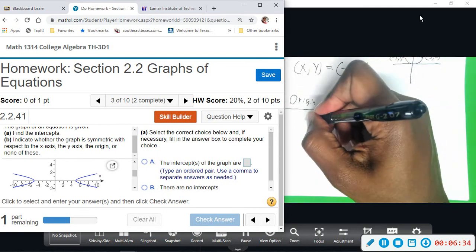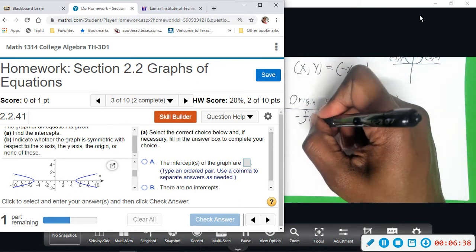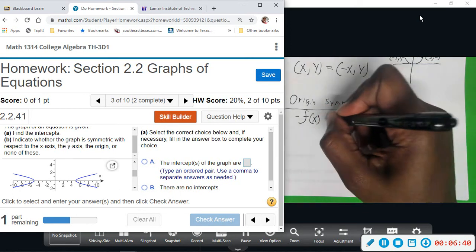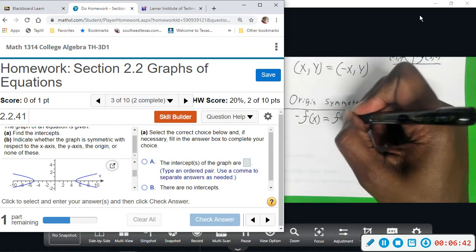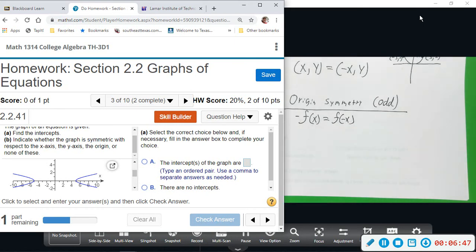Origin symmetry, function notation says if I take the negative f of x and it is equal to f of negative x, so you're making both x and y negative, and they come out to be the same, then it is odd.